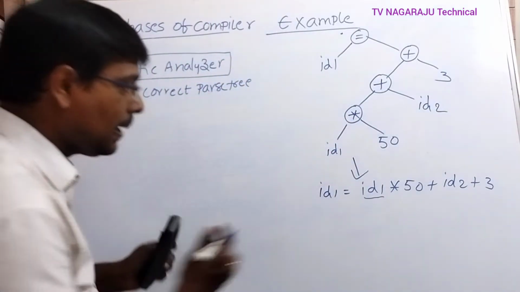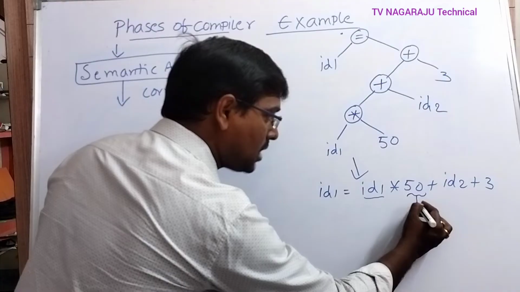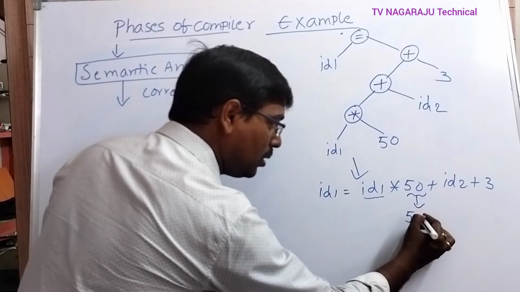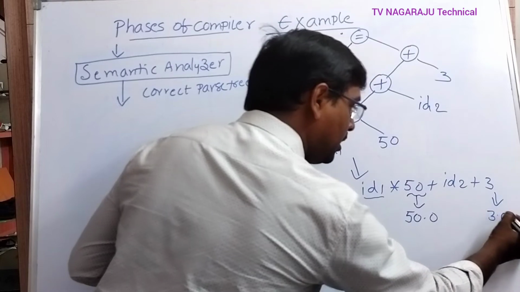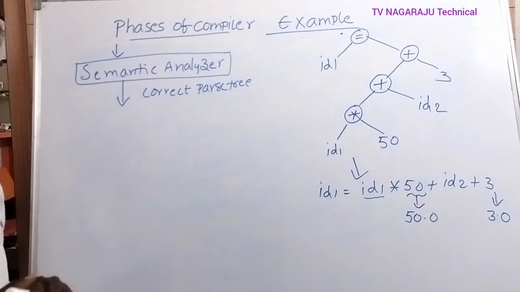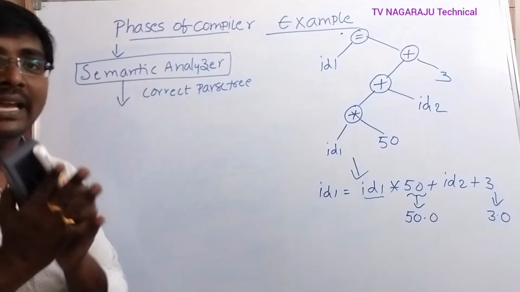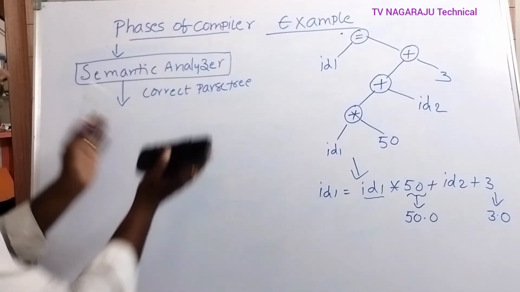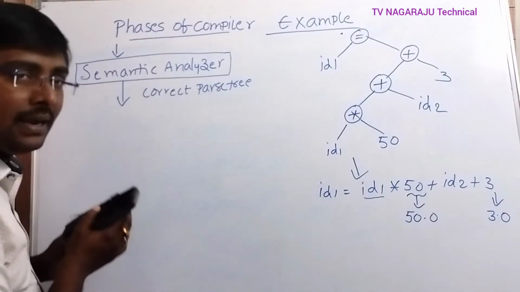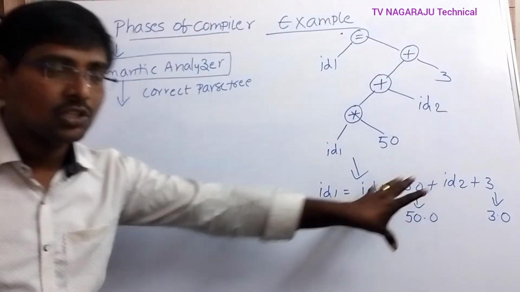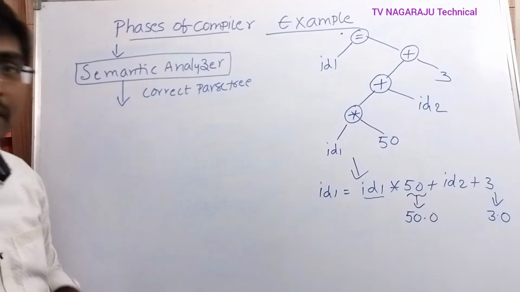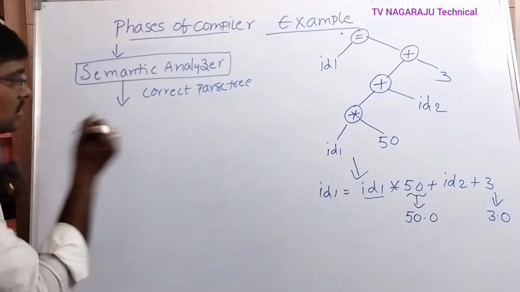That means what happens? This 50 is automatically converted into 50.0. 3 is to be converted into 3.0. You have to perform type conversion. Simply, the semantic analyzer performs all such type conversions and generates the annotated parse tree. See this one?